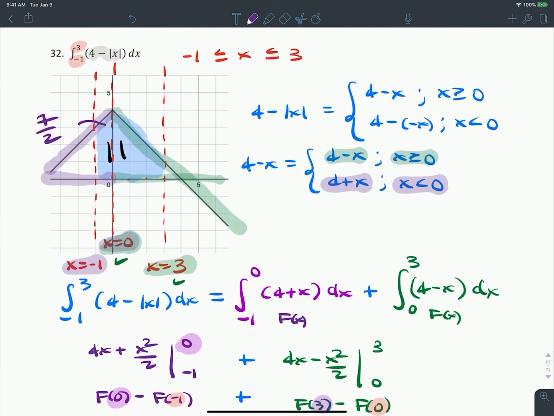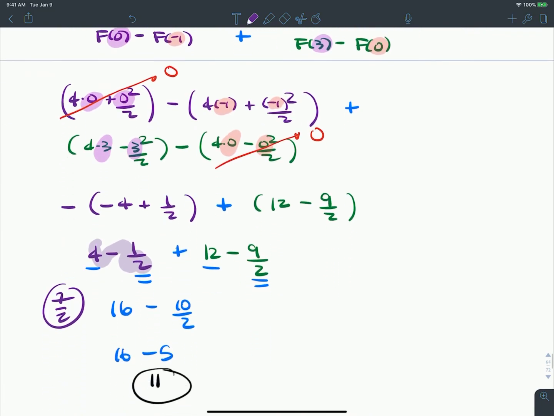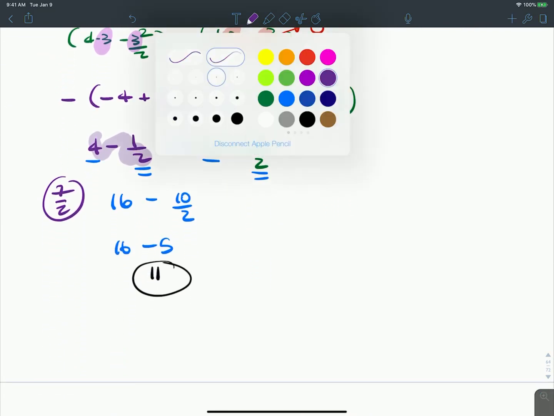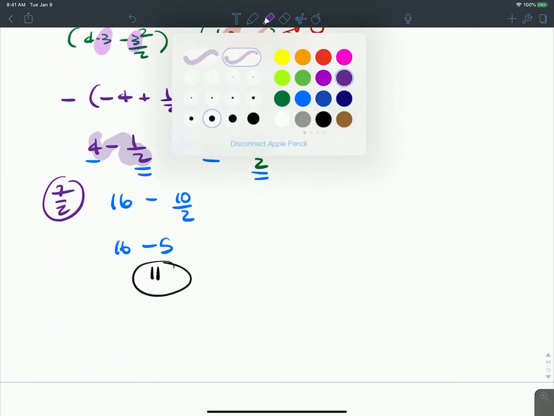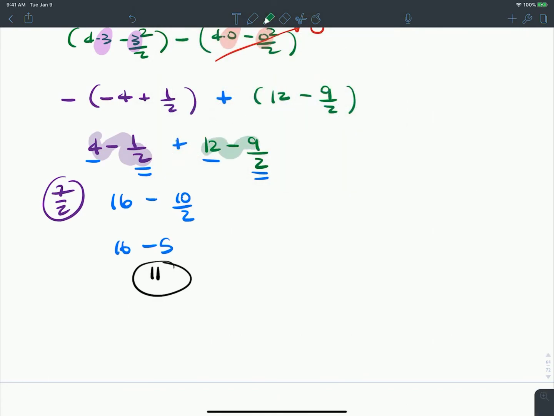It's to the left of that 0. On the right side in green, what we can do now is just simply compute 12 minus 9/2. Now, 12 is really 24/2. So 24/2 minus 9/2 is going to be 15/2.